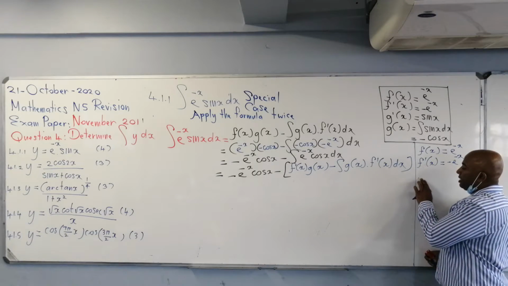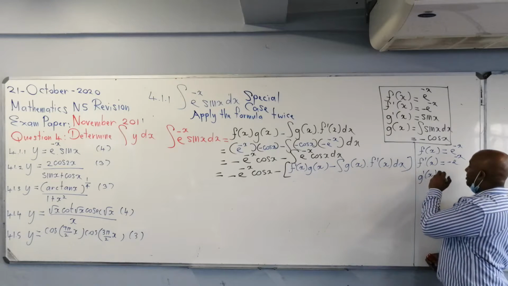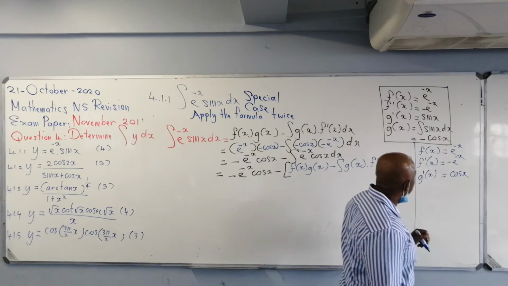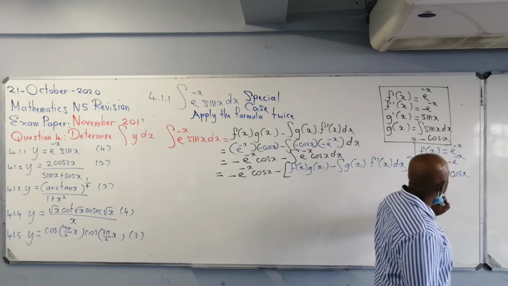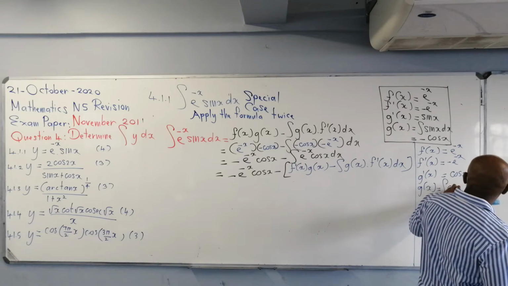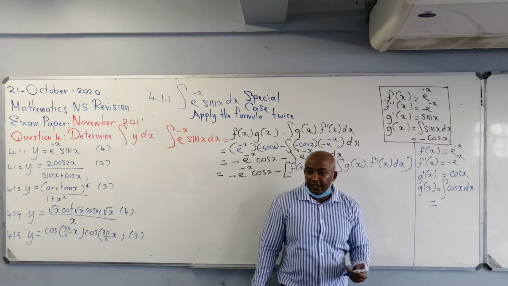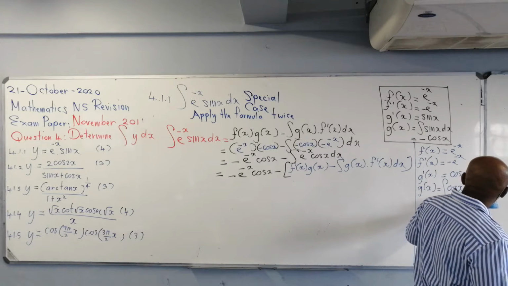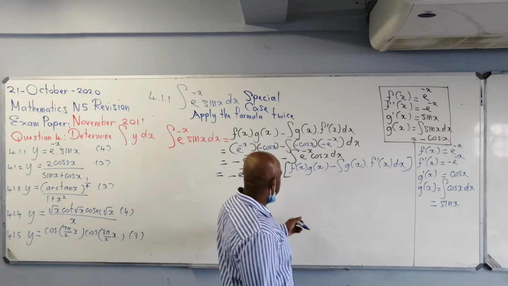Then your g prime x this time is cos. So therefore, to get g of x, you need to integrate cos. And when you integrate cos, you get positive signs. So all we have to do is substitute.